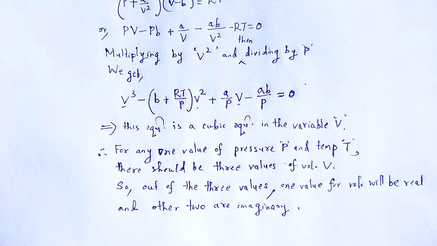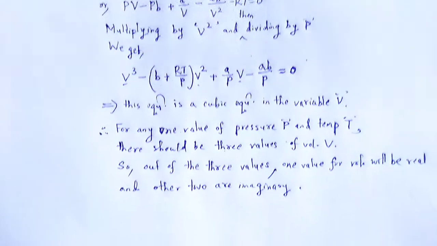Now if we plot a graph for volume V against pressure P at constant temperature, then we find the result.